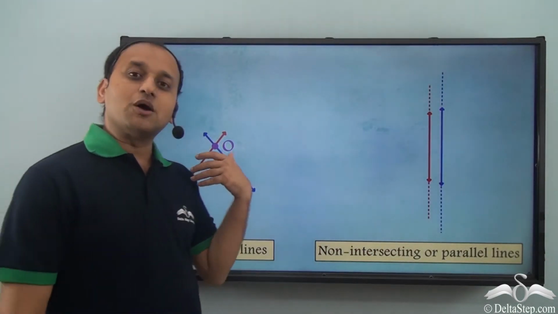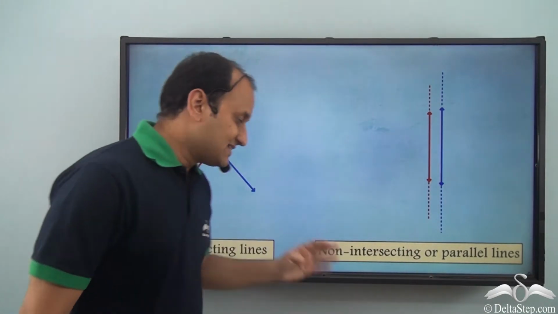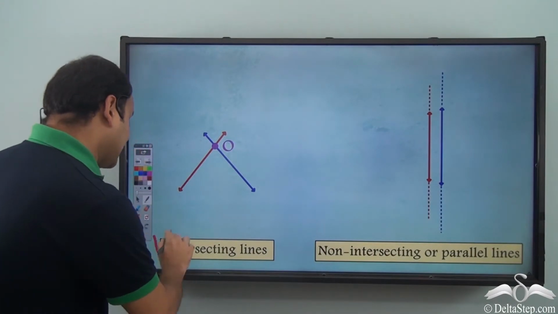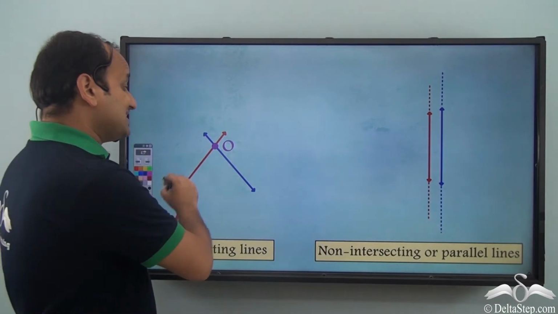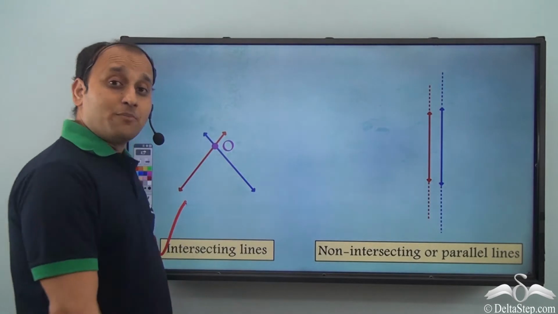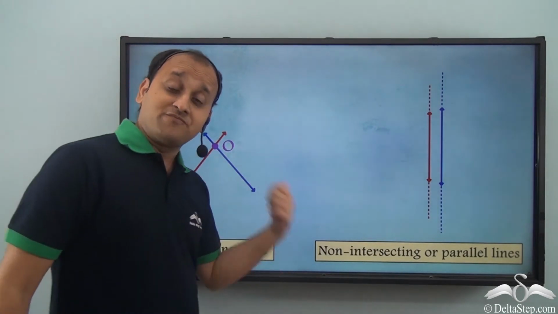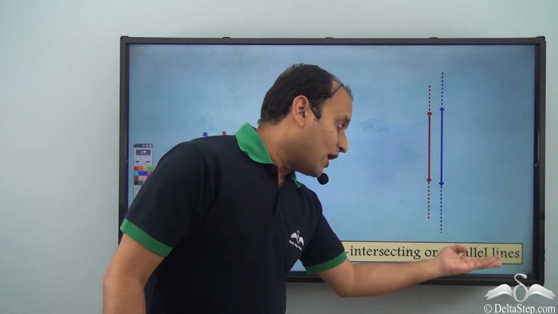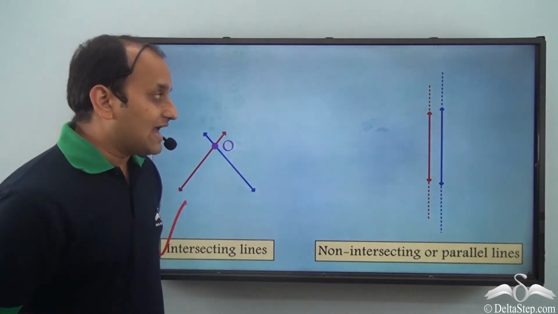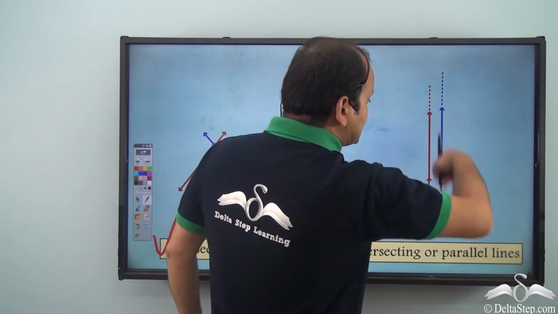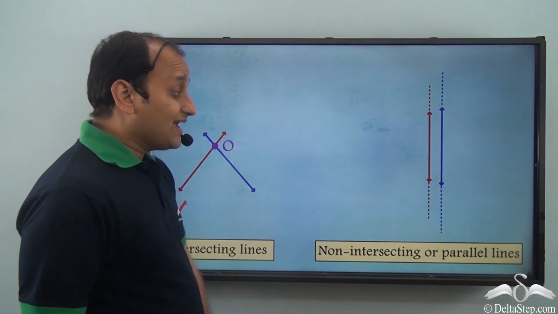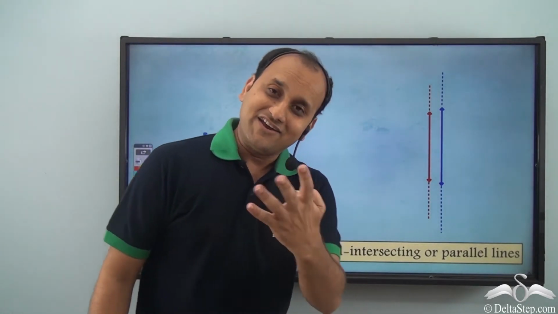So when we talk about pairs of lines, there are two types. First is intersecting lines. These lines meet at a common point called the point of intersection. And then there are non-intersecting or parallel lines. These lines run along each other and they never meet, and that's why they are used in railway tracks too.